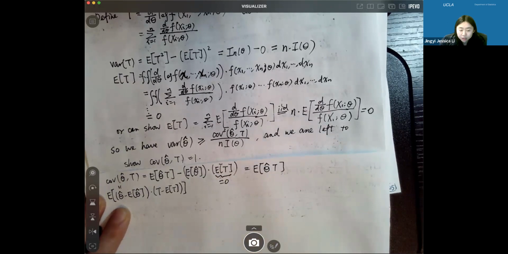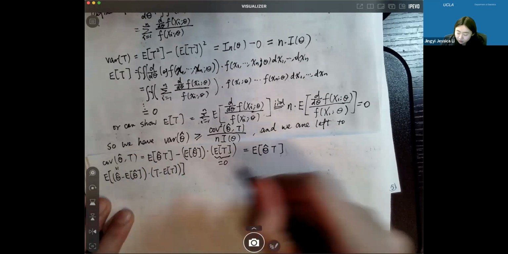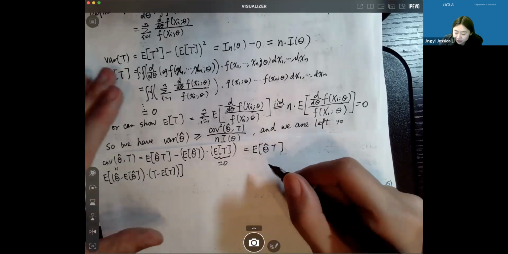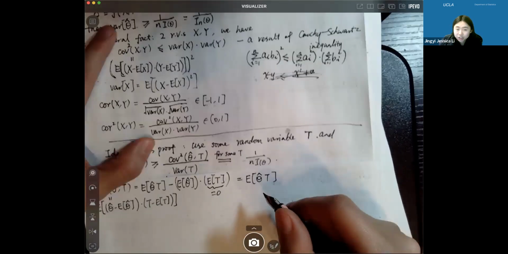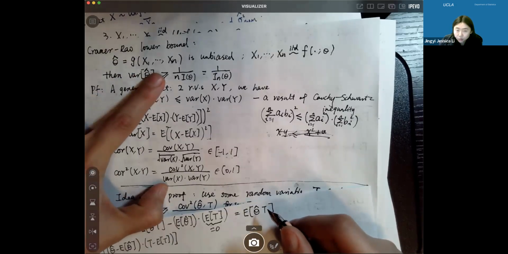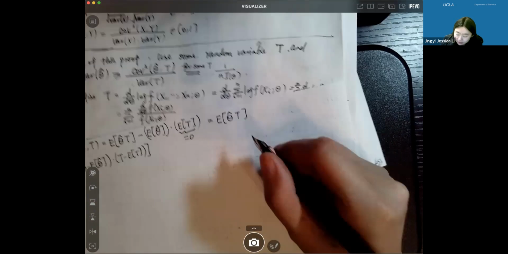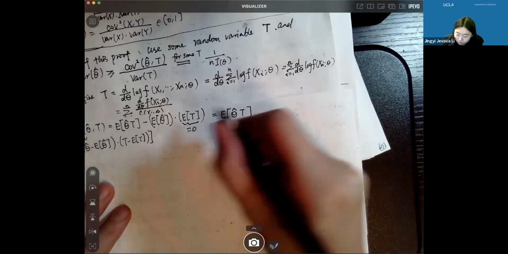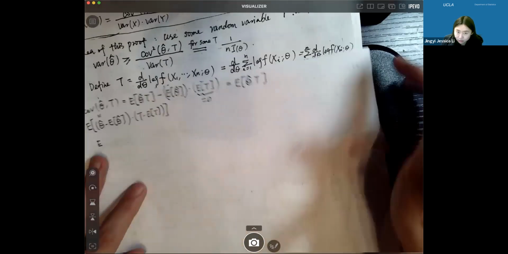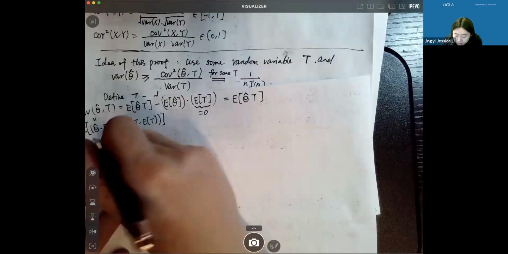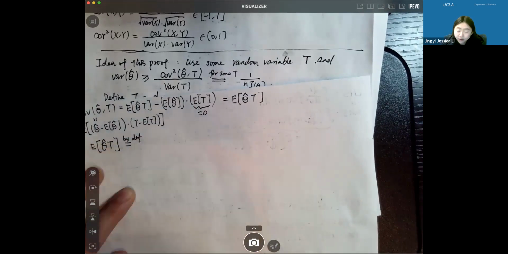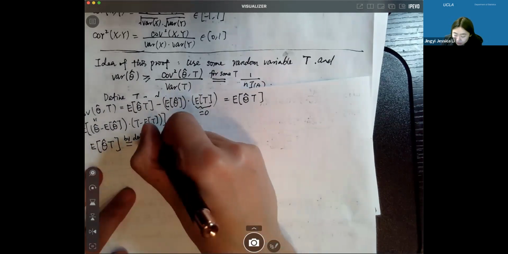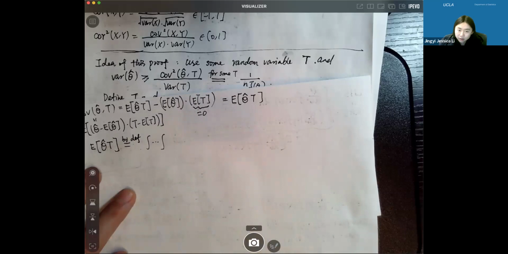Now let's do it. For this expectation, we are going to use the definition of expectation. And recall that our theta hat is this g function of x1 to xn. By definition, the expectation involves the random variables x1 to xn, so it will be this joint integration over x1 to xn.